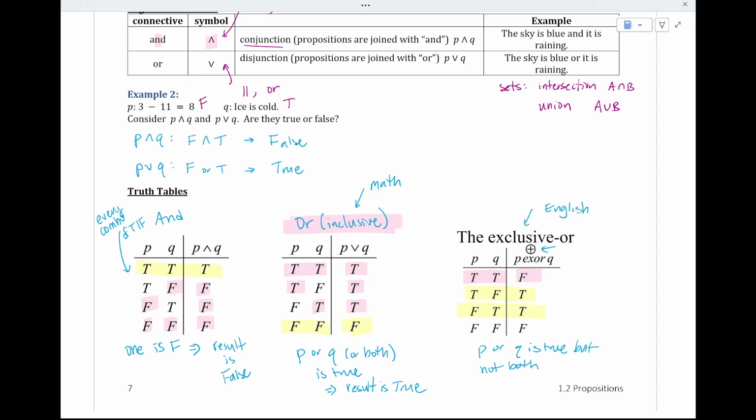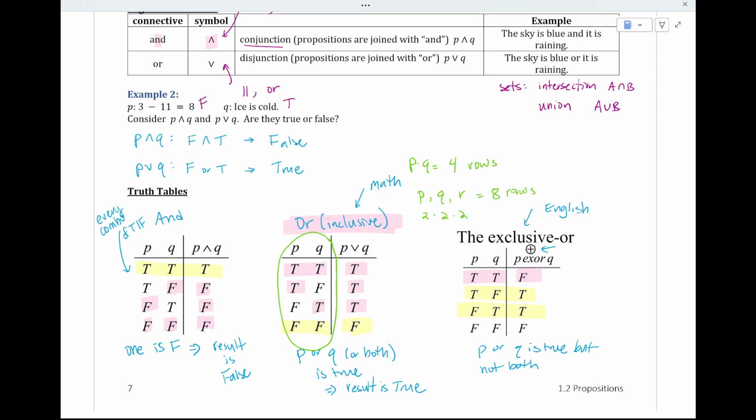Another thing to note about truth tables, this is true for all truth tables: when you fill out a truth table, you're filling out this whole side. You want every combination of P and Q. So if you only have two statements, P and Q, then you'll have 4 rows in your truth table. If you have P and Q and R, then each of these has 2 choices, true, false, so you'll actually have 8 rows in your truth table.